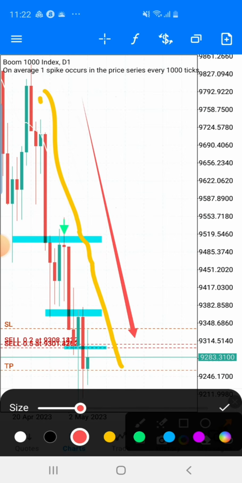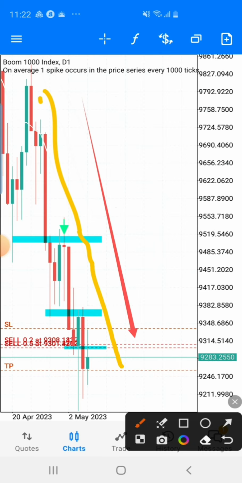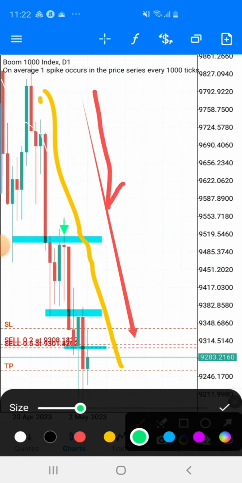Now when you see this bearish movement, you can see that the price doesn't just move down. You have a few bullish candles or one candle, anything like that, then the price pushes all the way to the downside again. Another thing you will notice is another bullish movement to this level.